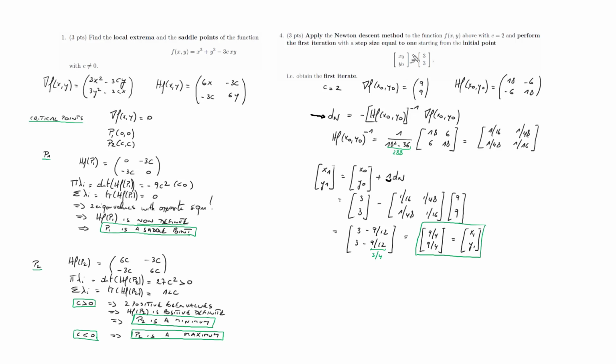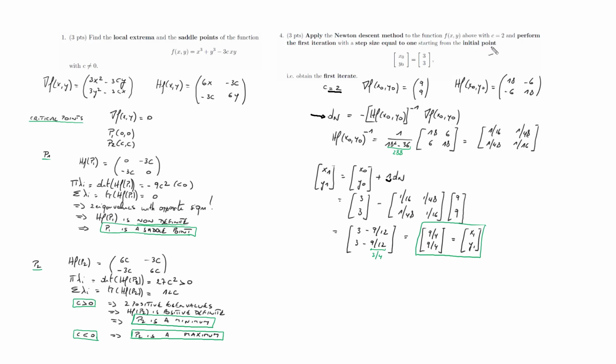If you plug in the values x is equal to 3 and y is equal to 3 in here, with c is equal to 2, this is the gradient that you obtain, and this is the Hessian that you obtain. The Newton descent direction is minus the Hessian inverse times the gradient evaluated at the point where you are.